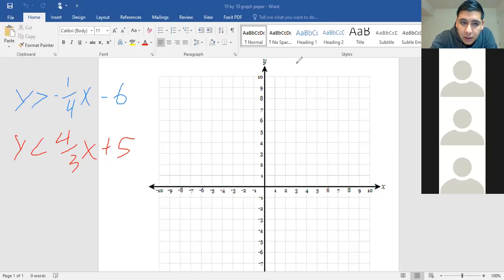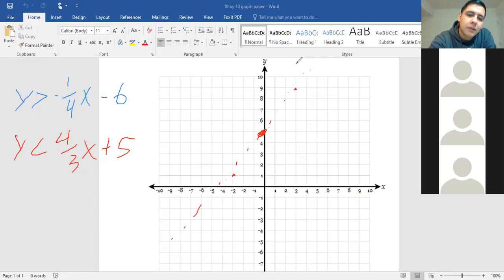I'm going to start with the bottom one in red. Comes up here. And is this going to be a solid or a dotted line? Dotted, right? Because of the inequalities, you should see that it's a dotted line.